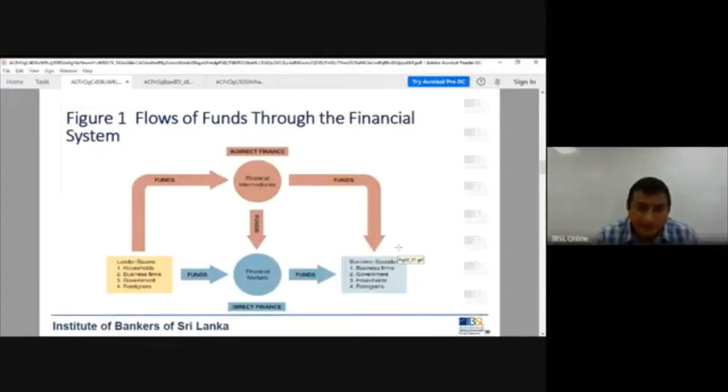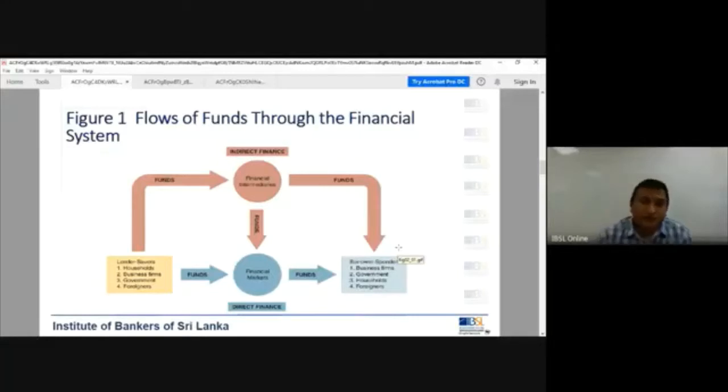So you see how the savers channel their funds to these borrowers, either directly through financial markets. That's the blue colored direction that you are seeing here. The savers directly channel their funds to the borrowers or the parties who are having a shortage of funds, assets, right?